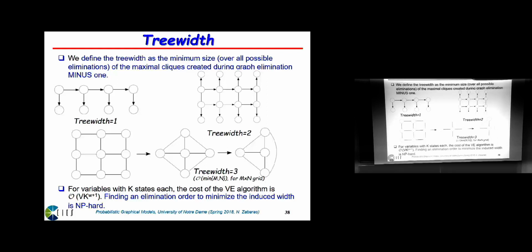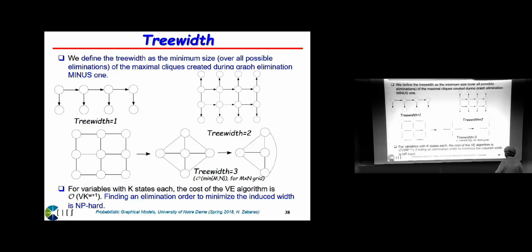How many nodes will be involved, let's say, in this node? We assume this we already eliminated to the right. How many? I heard it. 3. So 3 minus 1, so the tree width is 2, and so on.